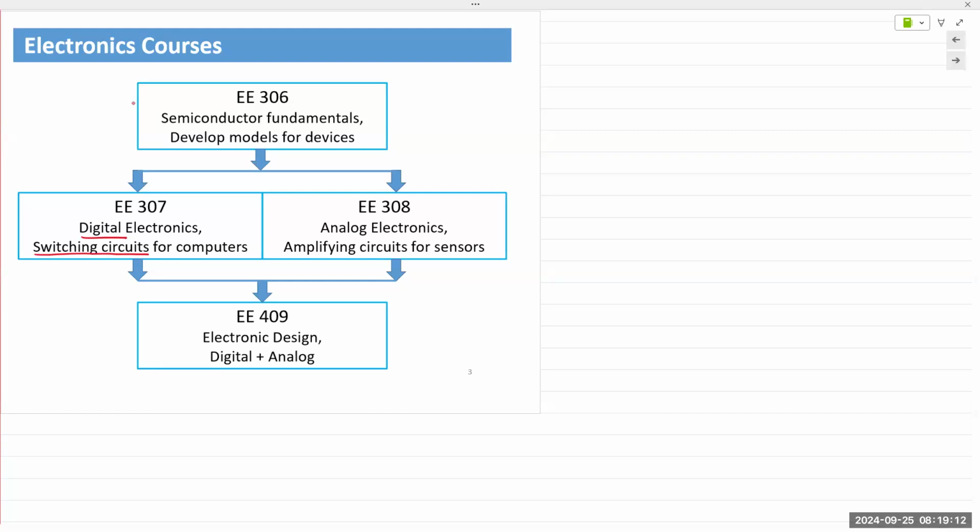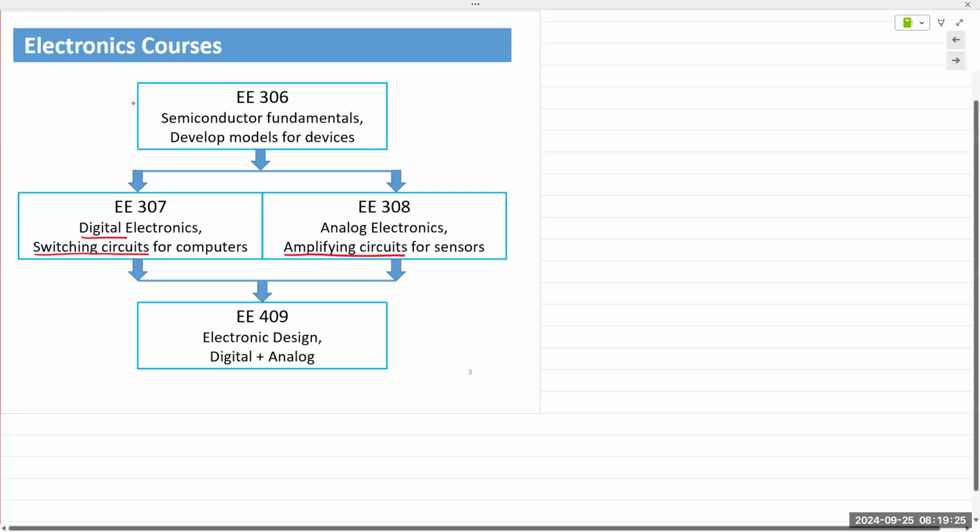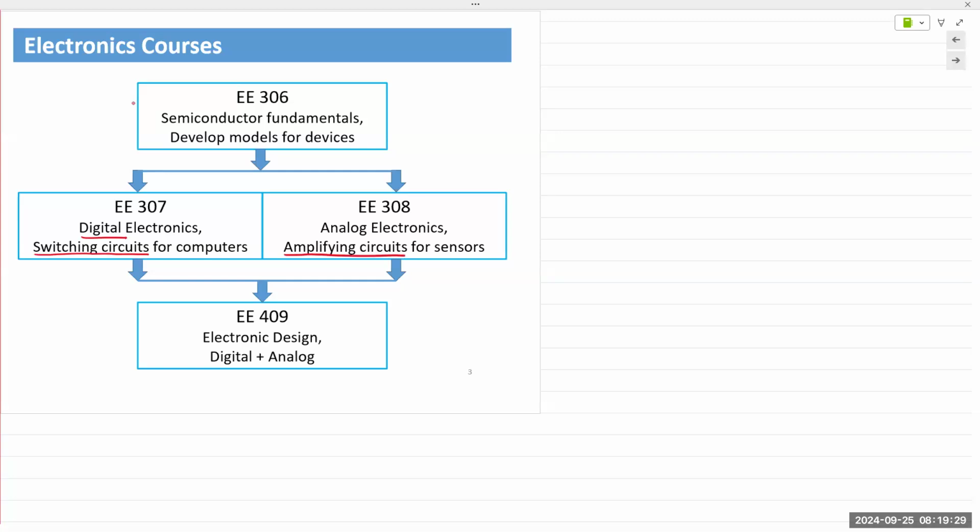Analog circuits basically use the same device, but in a different region of operation where we can use the amplifying properties of the transistor device. So it amplifies the signals, and we refer to that as the analog portion or analog analysis.